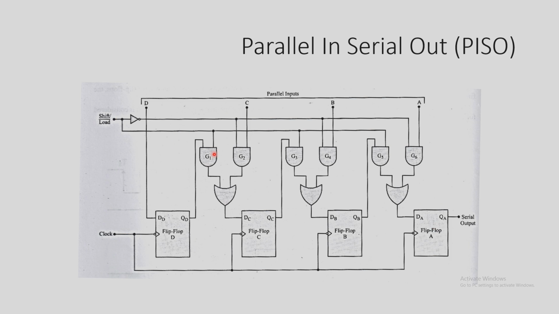Similarly, if it is 0, then 0 will be fed to G1, and this 0 after becoming 1 will be fed to G2. This time G1 has 0, so it will block. Output of this gate will be 0, and output of this gate will depend on this.